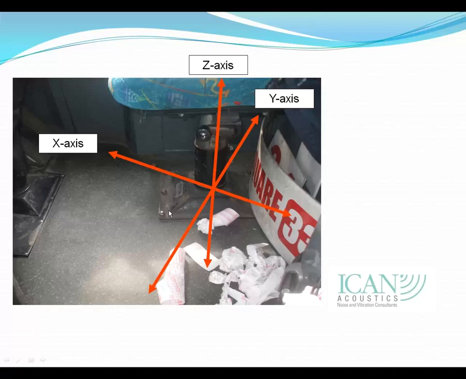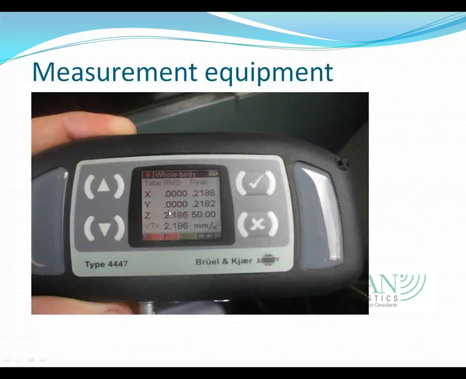So when we're measuring it then, this is some of the instrumentation that we would use to measure it. The instrument will report back to us the measurement in the X-axis, the Y-axis, and the Z-axis, and it works out vibration levels, again based on the vector sum I discussed earlier on, but it'll work that out for the operator, and it's something that you would measure over a period of time.